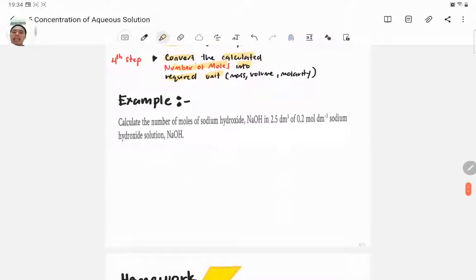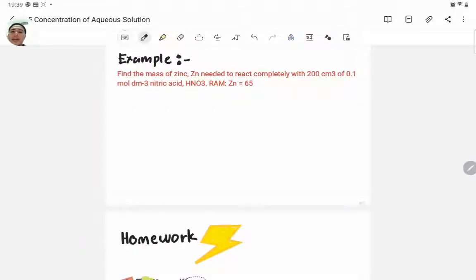So let's see an example of solving numerical problems. Find the mass of zinc needed to react completely with 200 centimeter cube of 0.1 mole dm cube of nitric acid. The relative atomic mass given here is zinc equal to 65. The first step, like I mentioned before, is to write the balanced chemical equation.